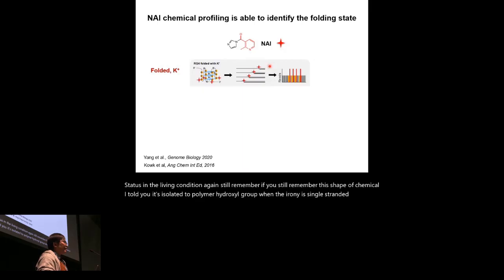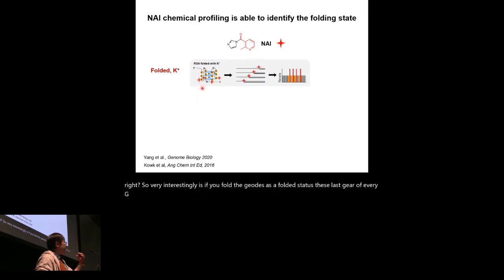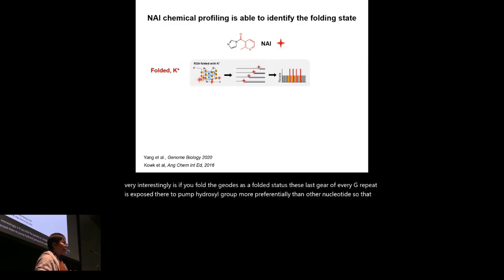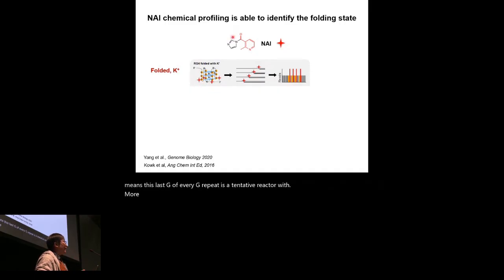Very interestingly, if the G-quadruplex is in a folded status, the last G of every G repeat exposes its 2' hydroxyl group more preferentially than other nucleotides. That means this last G of every G repeat tends to react with this chemical more preferentially. Because it reacts more preferentially, you will have a specific stalling pattern at this last G of every G repeat.